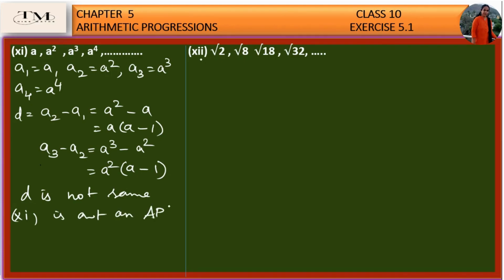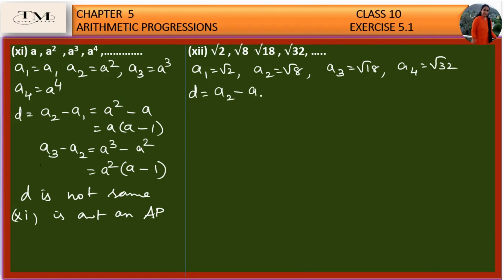So next, 12th one. First term is root 2, second term is root 8, third term is root 18, fourth term is root 32. So what is D? A2 minus A1. A2 is root 8 minus root 2.